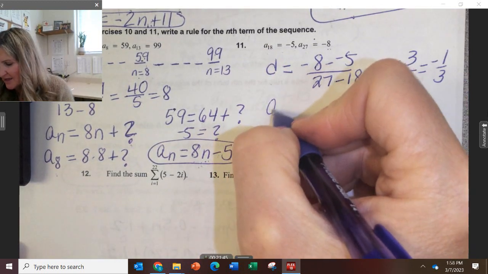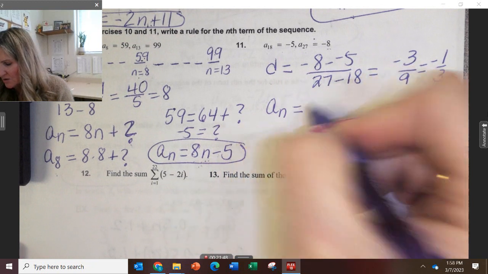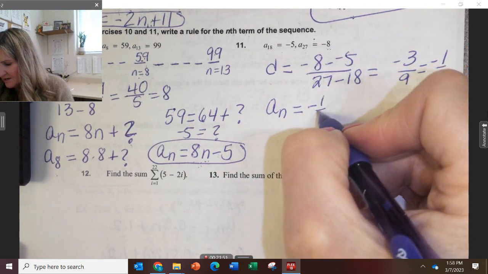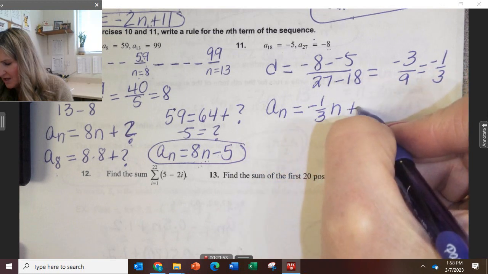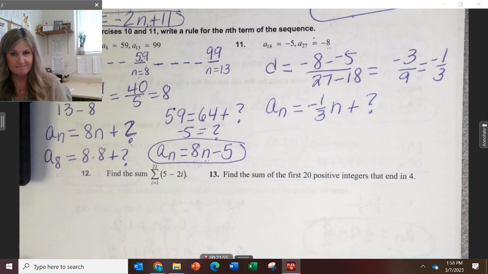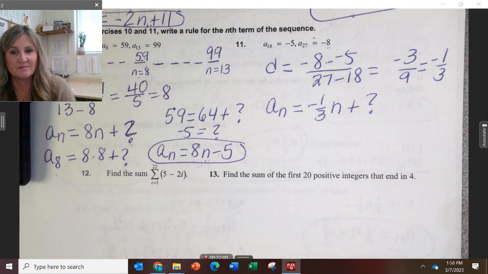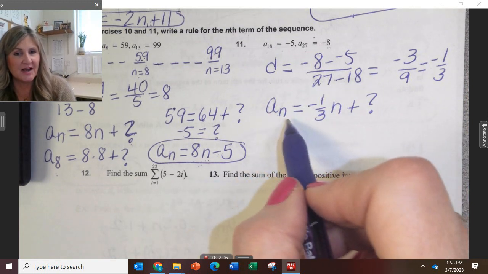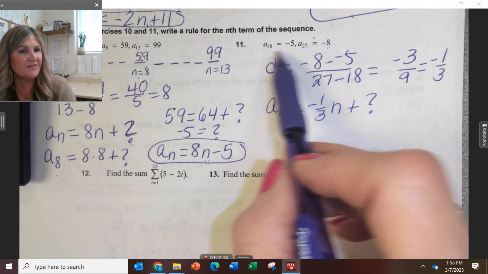So now our formula has to be A sub n equals d n plus question mark. All right. So let's finish it now. Which term do you want to use, the first or the second?